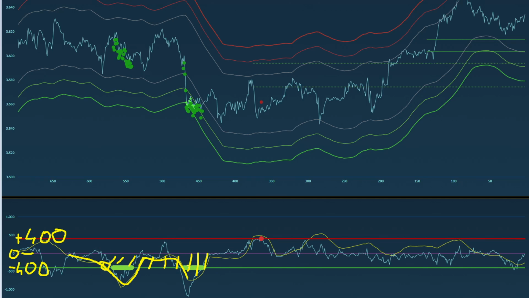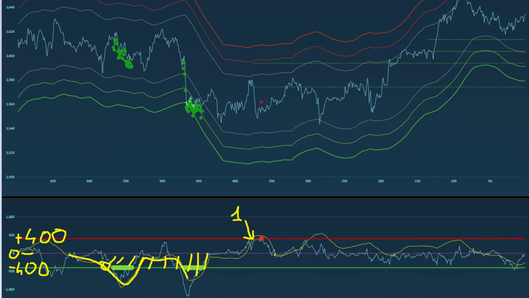So when it is going to switch to the uptrend, to the long side, the first thing that has to happen is this point here: for the first time after it was below minus 400, or at this area, it has to come back to plus 400 or somewhere really close to it.